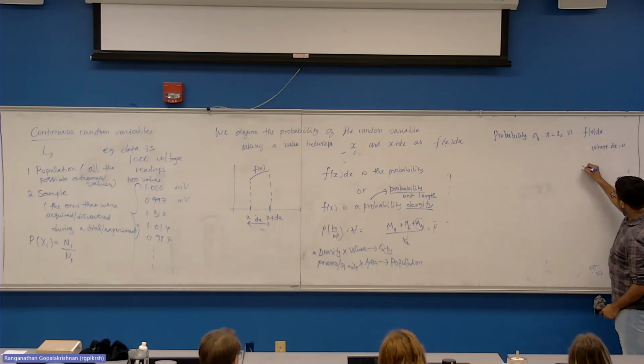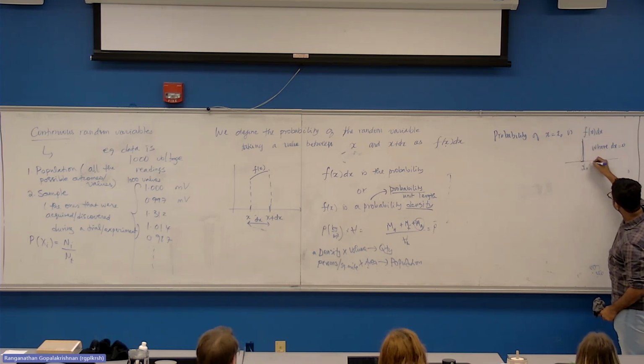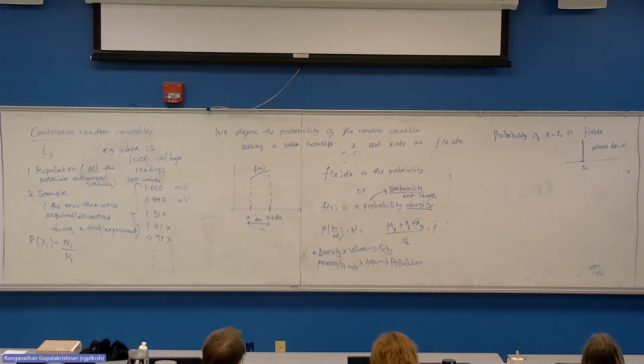Meaning, if I just want x naught, I don't have any area. All I have is dx equal to 0. The probability is also 0.